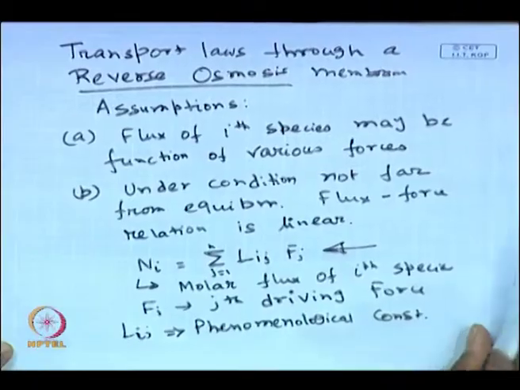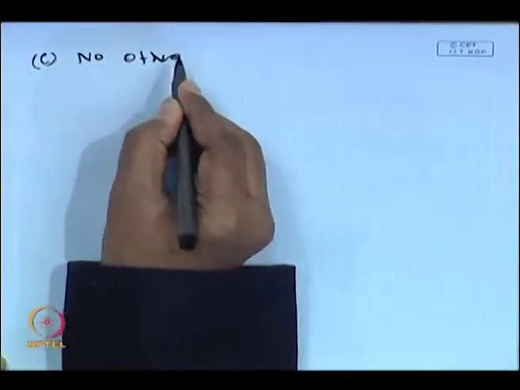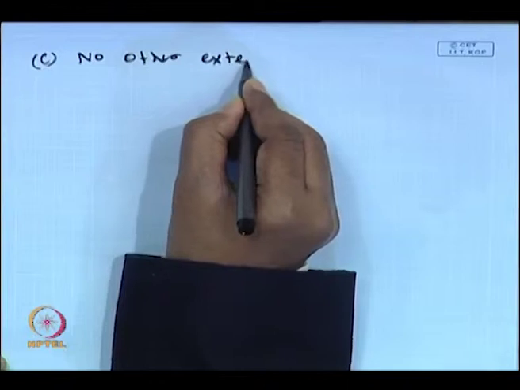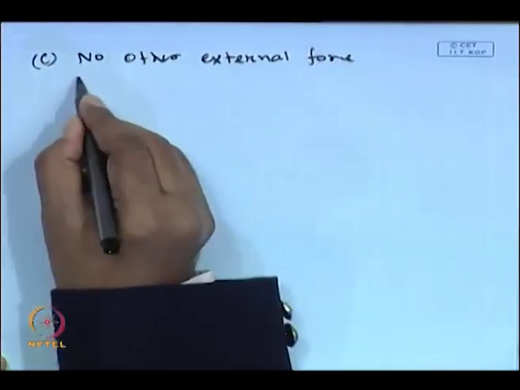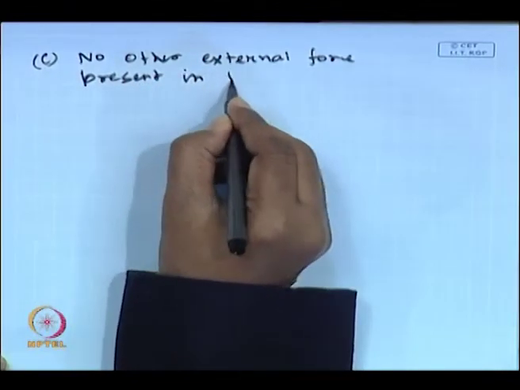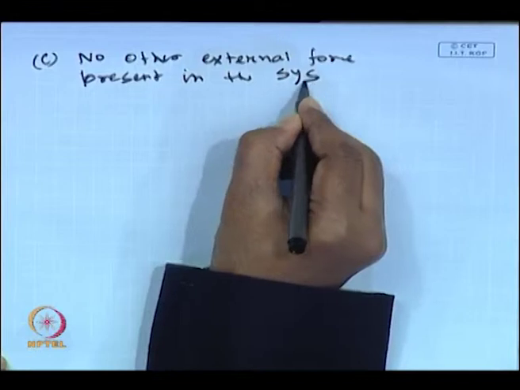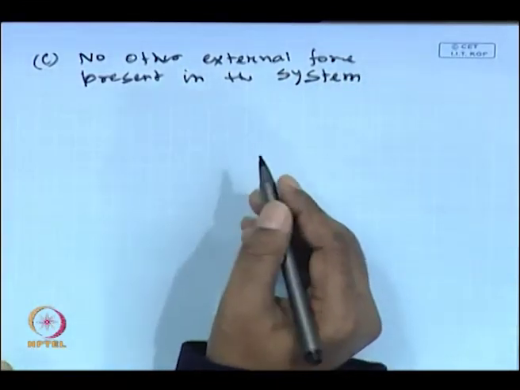And another assumption is that we assume no other external force is present in the system to influence the transport of the species.